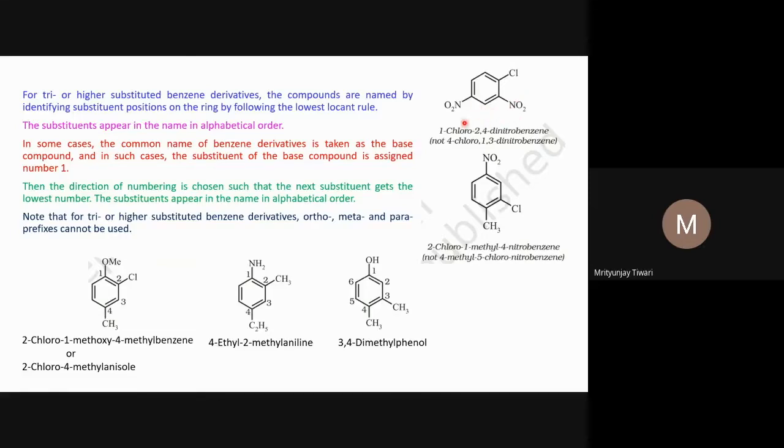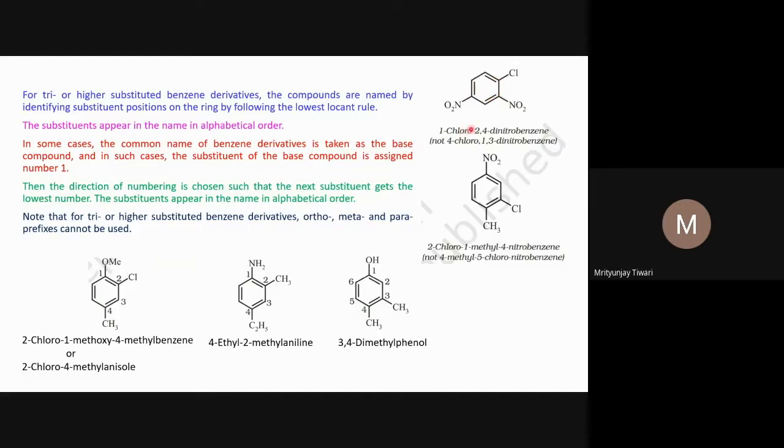For example, in this compound, if you start numbering from this carbon atom, 1, 2, 3, 4, the substituents will be on the first, third, and fourth positions. Numbered this way, the substituents get even higher numbers, first, fourth, and fifth.